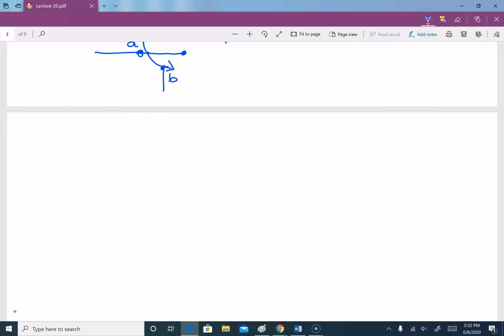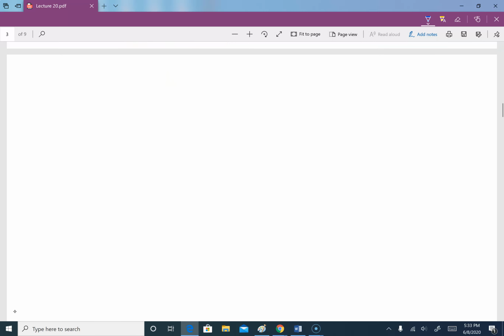So now, how can we solve an RC circuit if we are required to find a current or voltage? We can use a step by step analysis approach.